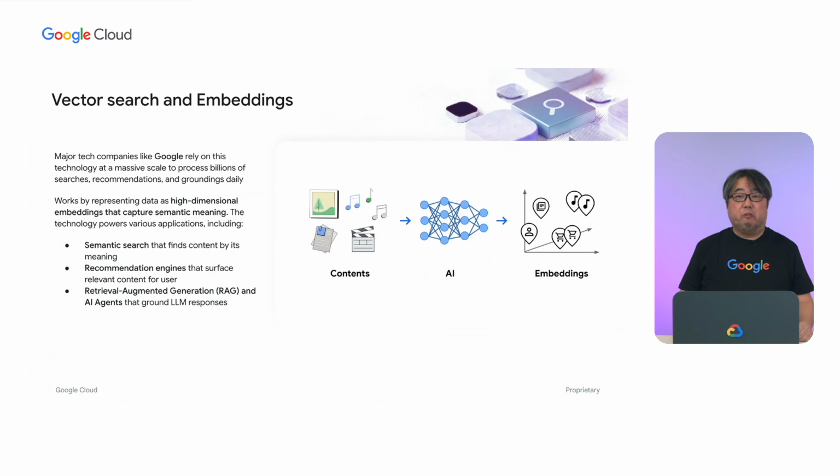Vector search powers various search services, recommendation systems, and RAG or AI agent systems. For example, Google relies on vector search technologies for billions of daily searches and recommendations on Google Search, YouTube, and many other major Google services.